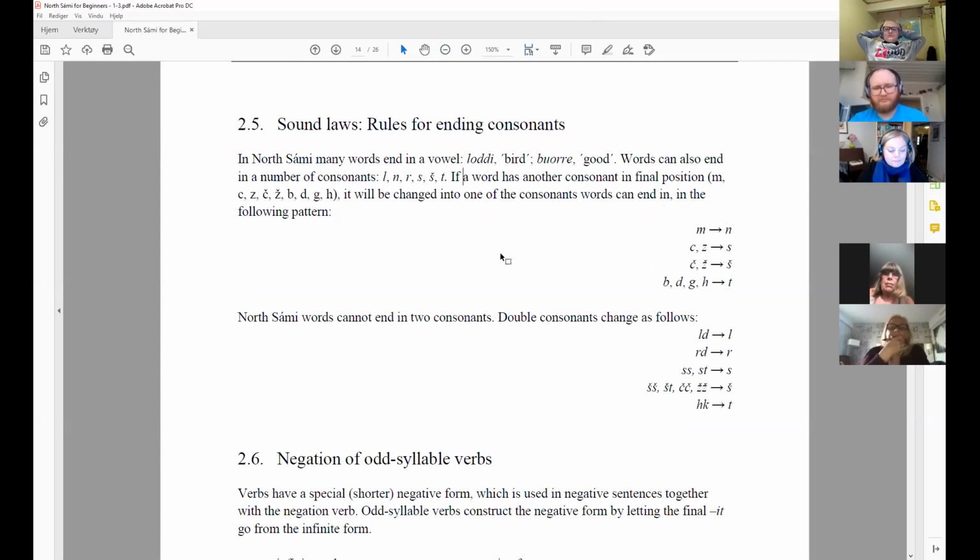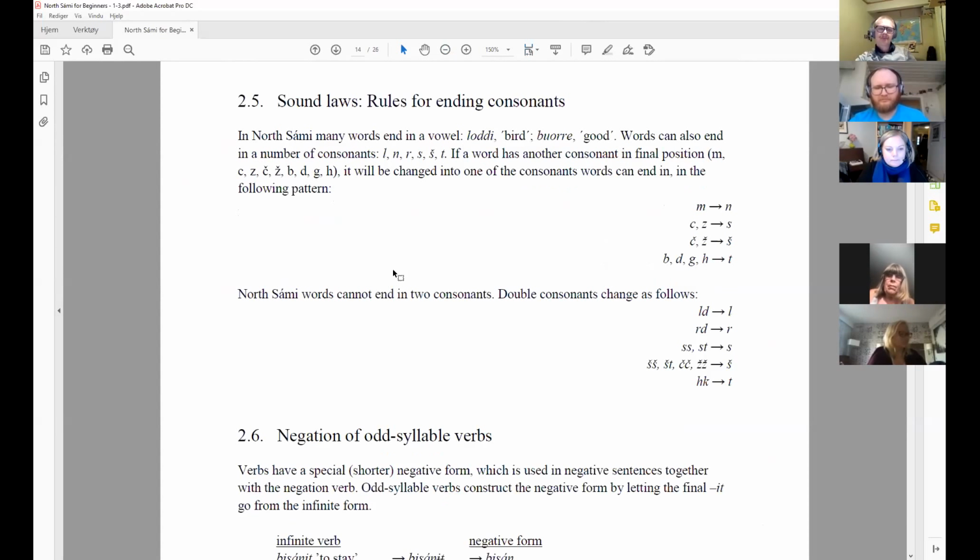Here are some sound laws, some rules for ending consonants. There are some sounds in the language, but you don't have the energy to say them in an ending position. So if these sounds are in the end of a word, then you don't pronounce them in the same way as if they were in the start or in the middle of the word.